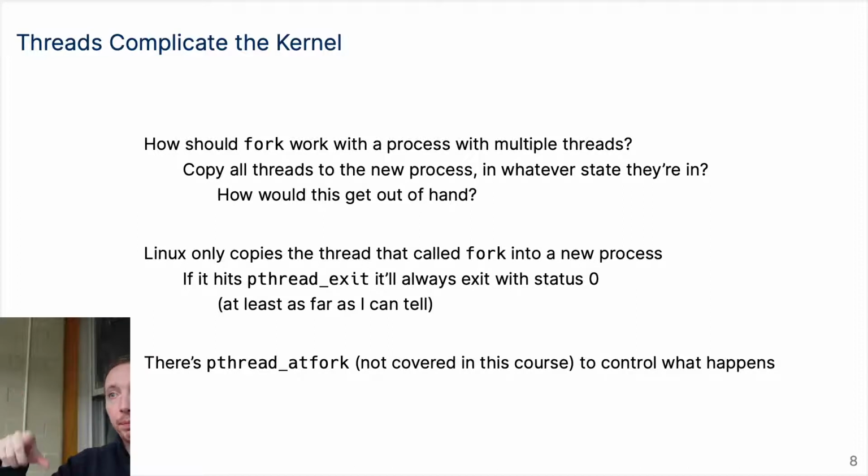That normally implicitly calls pthread_exit, or you could call pthread_exit. Because it's the only thread now, if you call pthread_exit, it's going to end the process, and by default it just always returns error code 0. But in the new child process, you could of course just call exit yourself and return whatever error code you want.